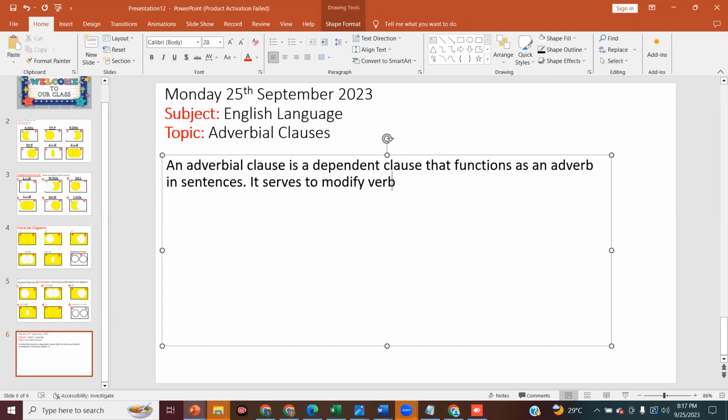Verbs, adjectives, or adverbs. That's what an adverb does, by the way. An adverb modifies a verb. It also modifies adjectives too. And it also modifies adverbs, but in the case of adverbial clauses, they modify the entire clause.